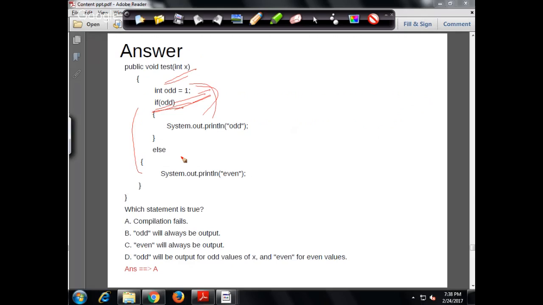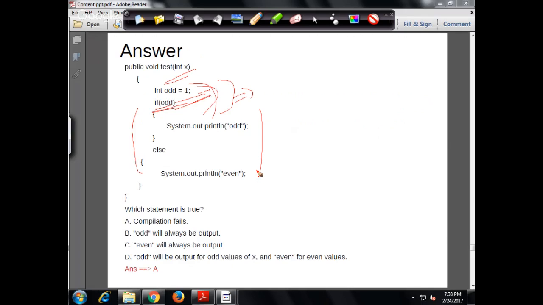So if you know this small concept that in an if condition, you can only have an expression which will return a Boolean type, a true or a false, and it cannot return any other type, be it an integer or a double or string, whatever. If you know this, just reading the first two lines, you will be able to solve this question. You don't need to read the entire part.